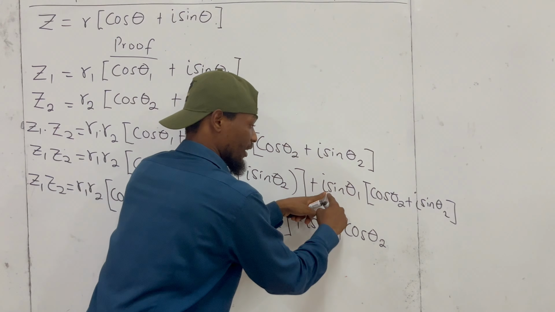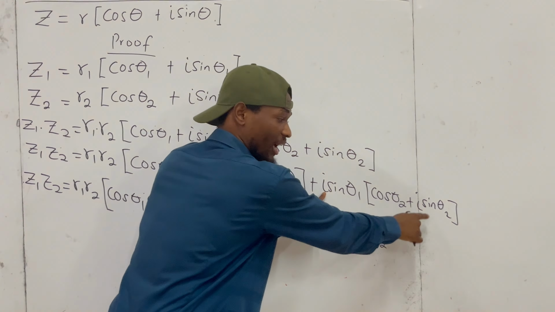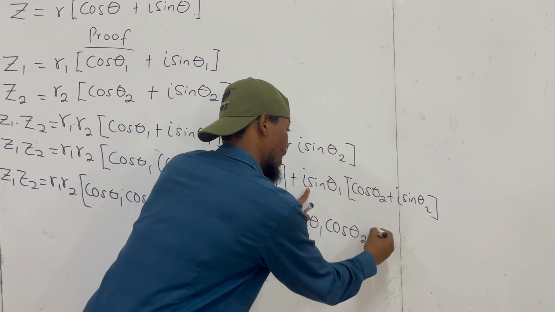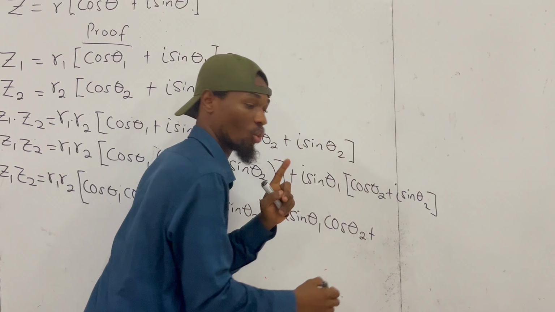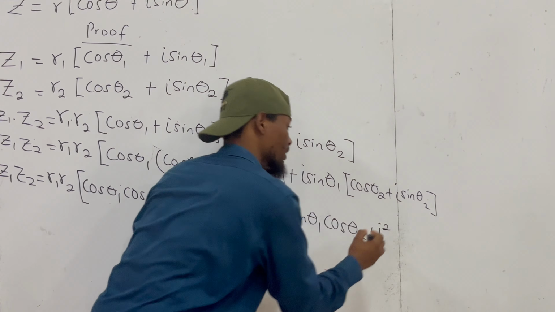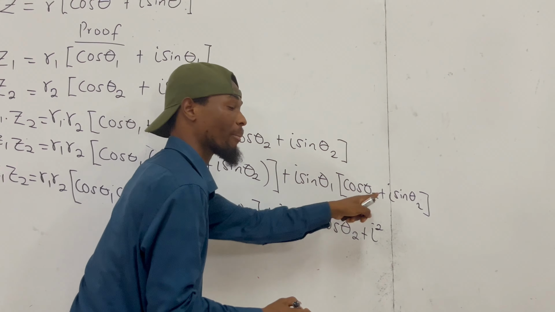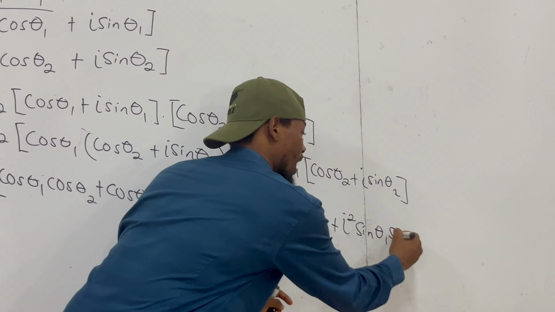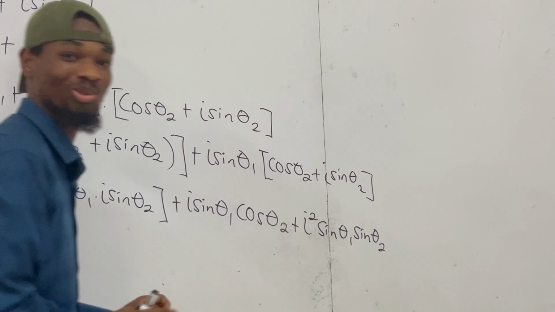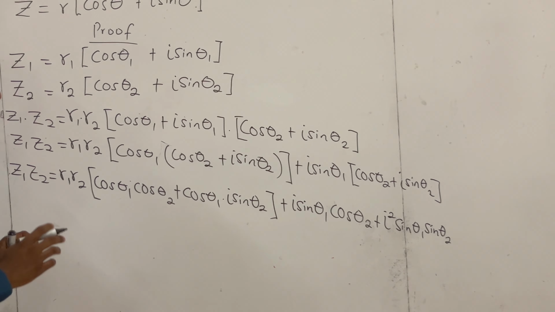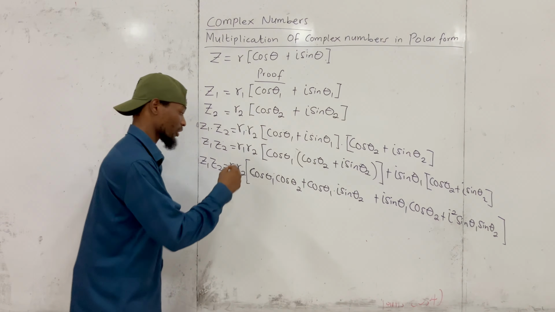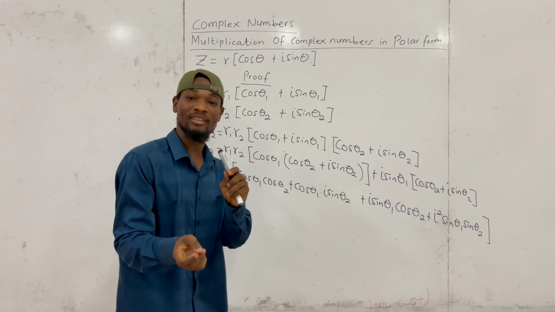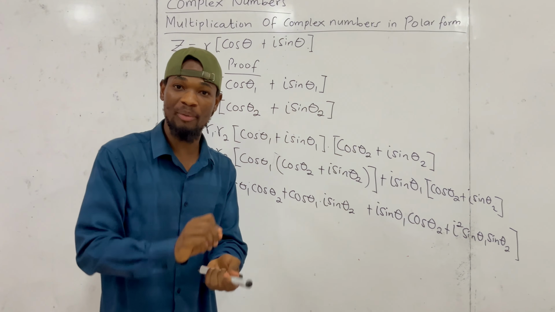Then i sine theta 1 times i sine theta 2 gives plus i by i, which is i squared, then sine theta 1 by sine theta 2 gives sine theta 1 sine theta 2. As simple as that.